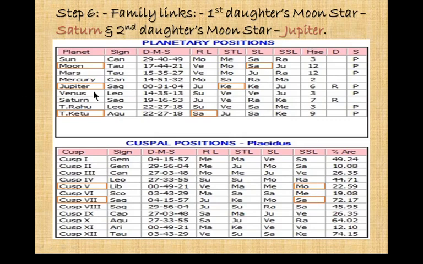Saturn must make link with Jupiter. Here Jupiter is in the star of Ketu, and if Jupiter is in the star of Ketu, it means that Jupiter is also in the star of the planets that Ketu represents, and Ketu represents Saturn. So Jupiter also happens to be in the star of Saturn, so Jupiter makes link with Saturn, so seventh sub-sublord Saturn makes link with Jupiter, so family links also get established.